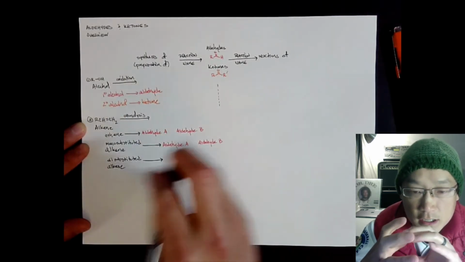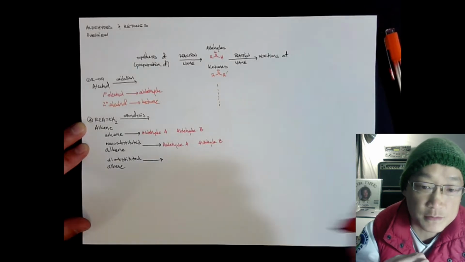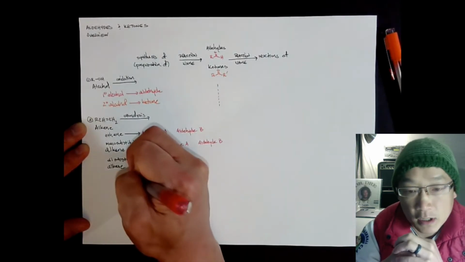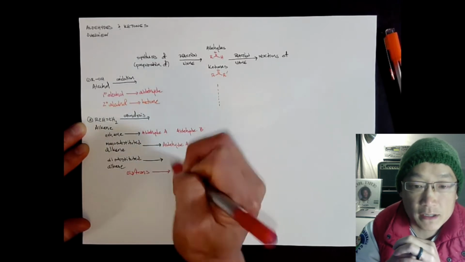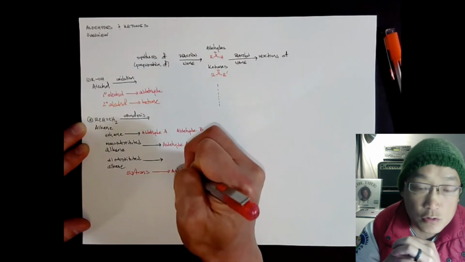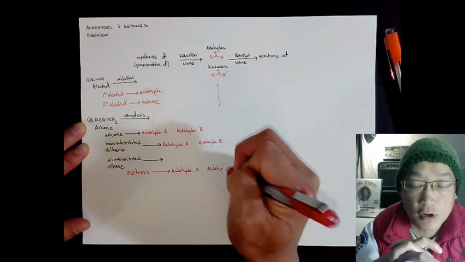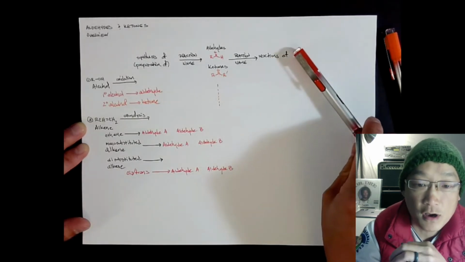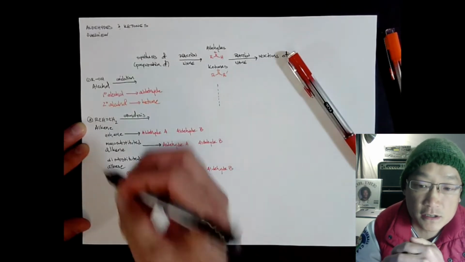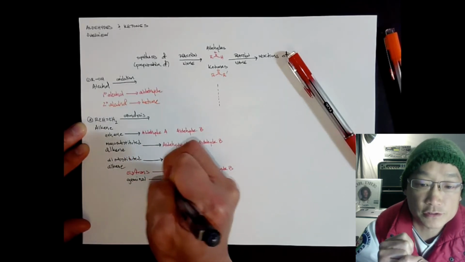And just to continue with this overview, if we were to begin with a disubstituted alkene, so in this case, taking a carbon-carbon double bond and replacing two of those hydrogens with some type of carbon residue or other substituent. If we had a cis or trans isomer of that disubstituted alkene, we would again generate two different aldehyde molecules.